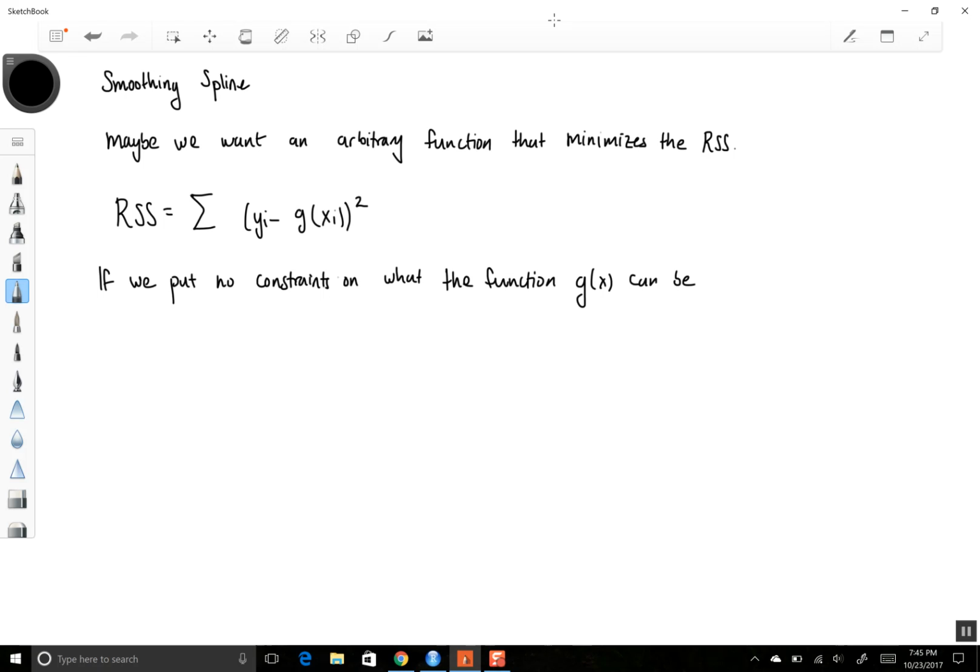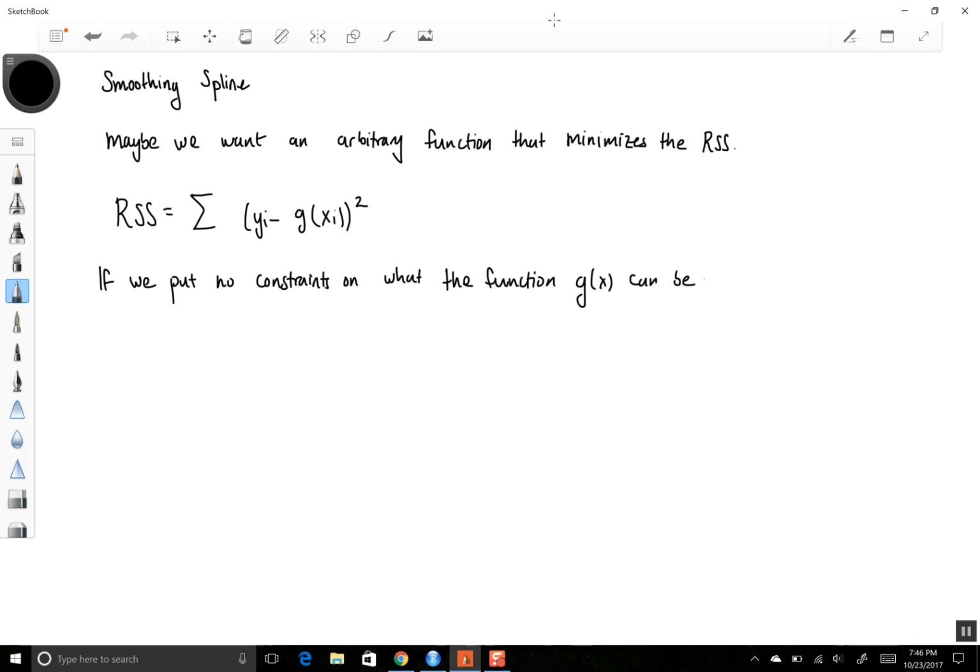then using this as our guiding rule, we'll produce functions that are probably way too wiggly. This RSS will be minimized when g of x fits the data perfectly, okay?